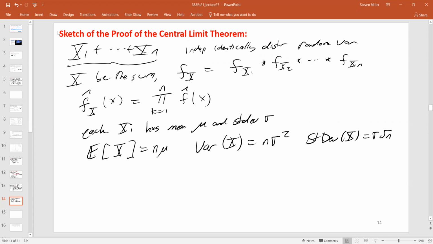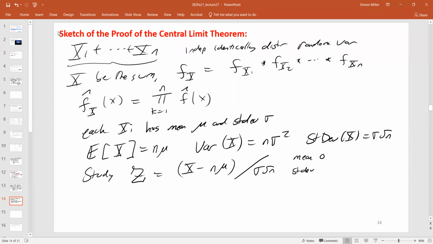And so what we should really study is z equals x minus n times mu, divided by sigma root n. This has mean 0 and standard deviation 1. And what you notice is that I can write this as basically alpha x plus beta.